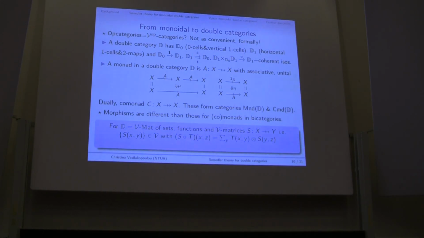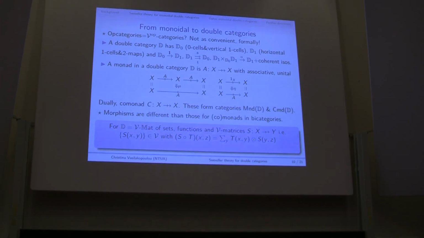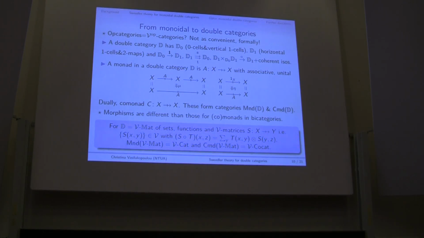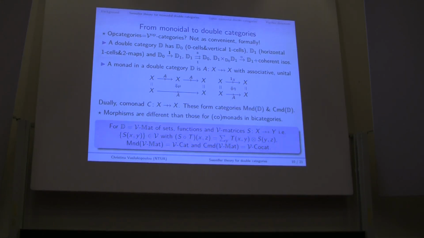And then the horizontal composition is where this double category or bicategory takes its name. It looks like matrix multiplication. So if I want to compose two of those things, I have this sort of matrix multiplication composition going on there. So, in that double category of interest, specifically the monads are the categories and the comonads are the cocategories.